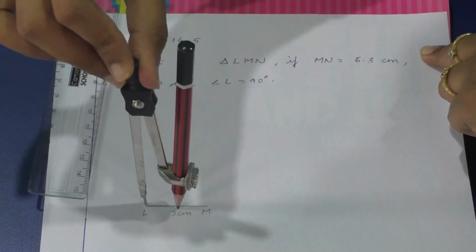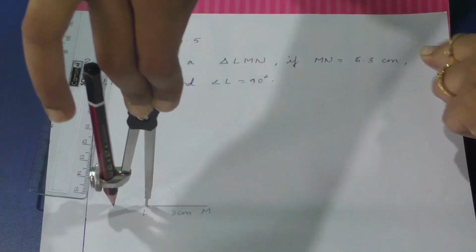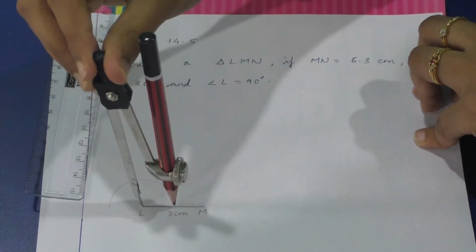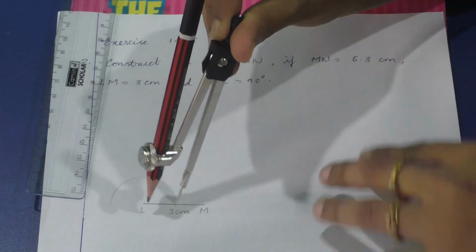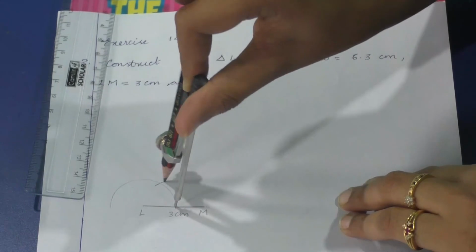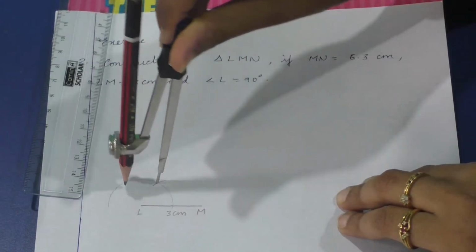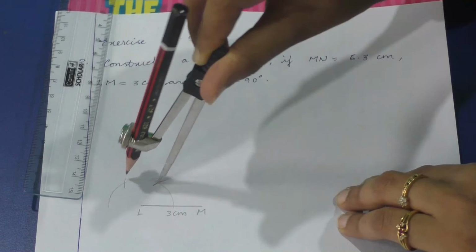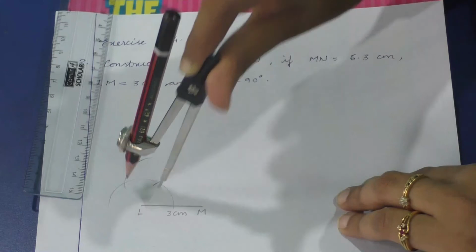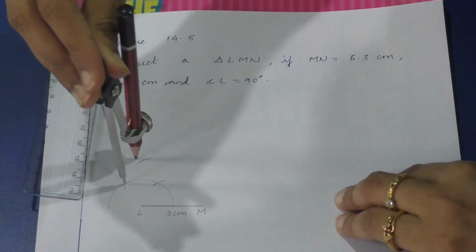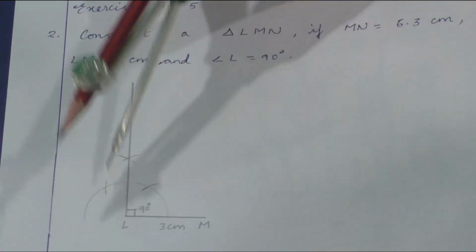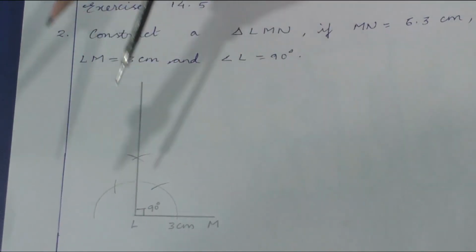For that, draw an arc and with this as the center, cut the arc, and again at this point cut the arc, and let's make another arc here and here. Now I have joined this point and the midpoint here.